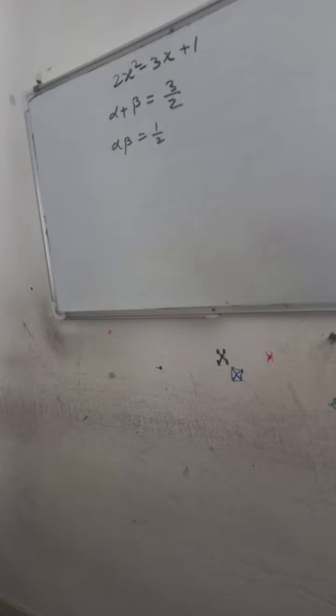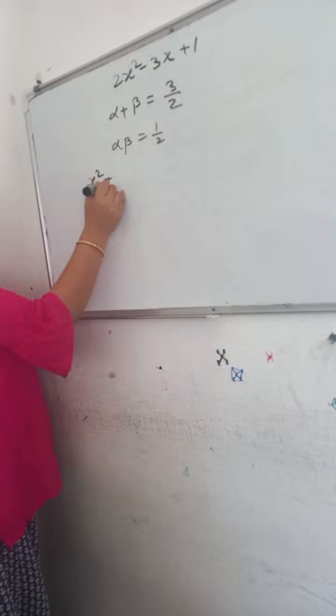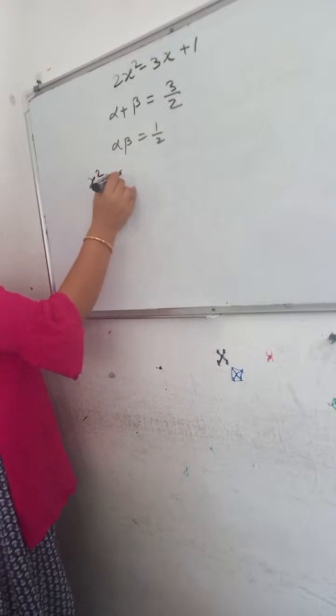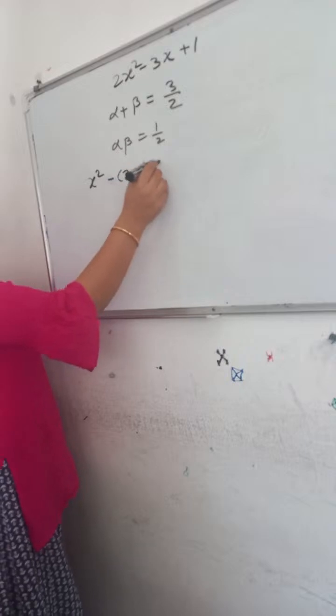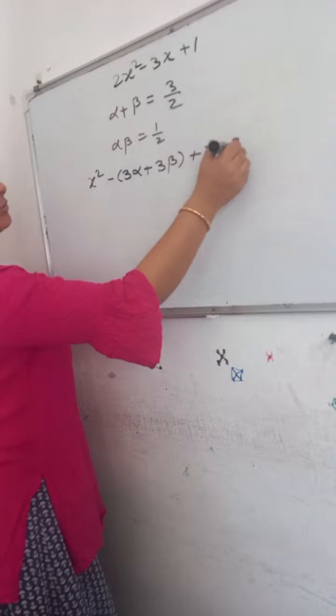Then how to form the quadratic equation here? x square minus (alpha plus beta) x plus alpha beta. Here, x square minus, they are saying 3 alpha plus 3 beta, plus 3 alpha into 3 beta.